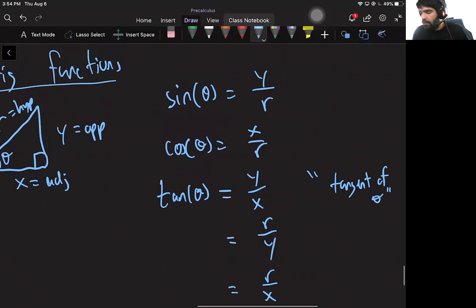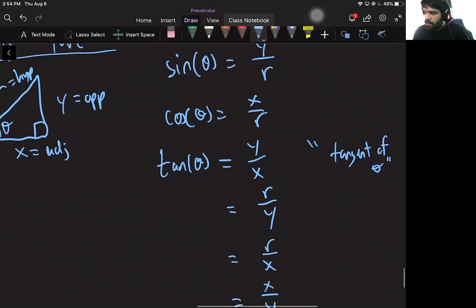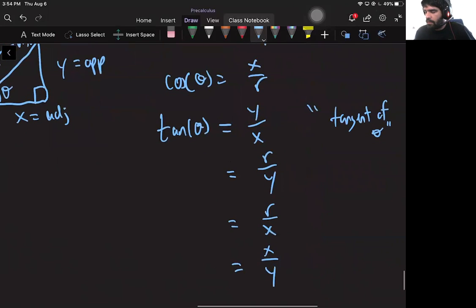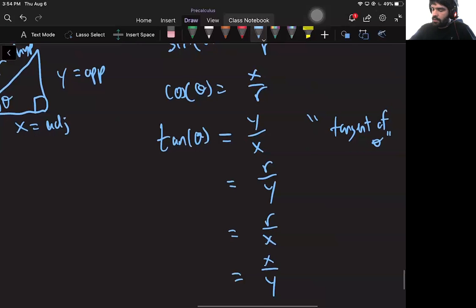Then r over y, which one is that? I have to remember. That one is cosecant. So you might think it should be called something else, but it's called cosecant, and it's written CSC of theta.